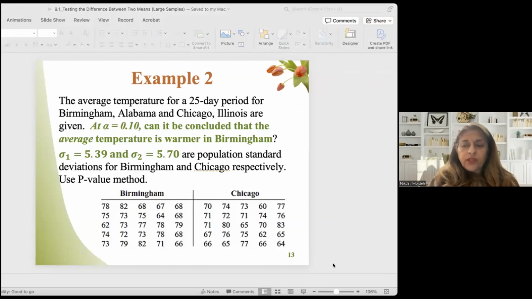So I go to edit, and enter the raw data for Birmingham under list 1.